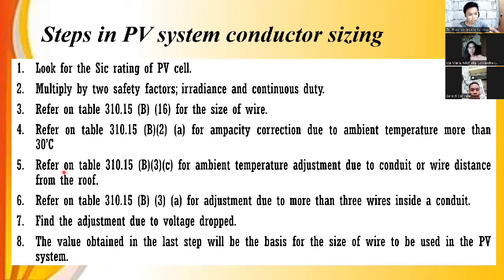Number 5, refer to table 310.15 for ambient temperature adjustment due to conduit or wire distance from the roof. Number 6, adjustment for more than 3 wires inside the conduit. Number 7, find the adjustment due to voltage drop. Lastly, the value obtained in the last step will be the basis for the size of wire to be used in the PV system. Next po.